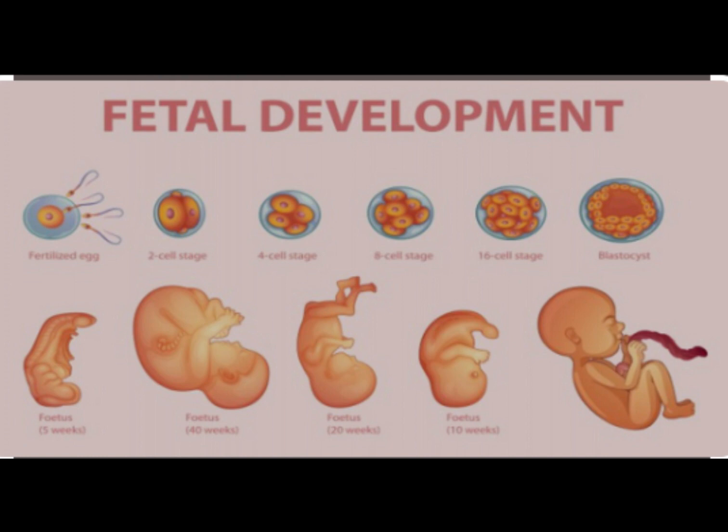At this time, the fetus is able to move its limbs, although you may not feel it until 20 weeks of pregnancy. The majority of growth in both weight and length happens in the fetal stage.